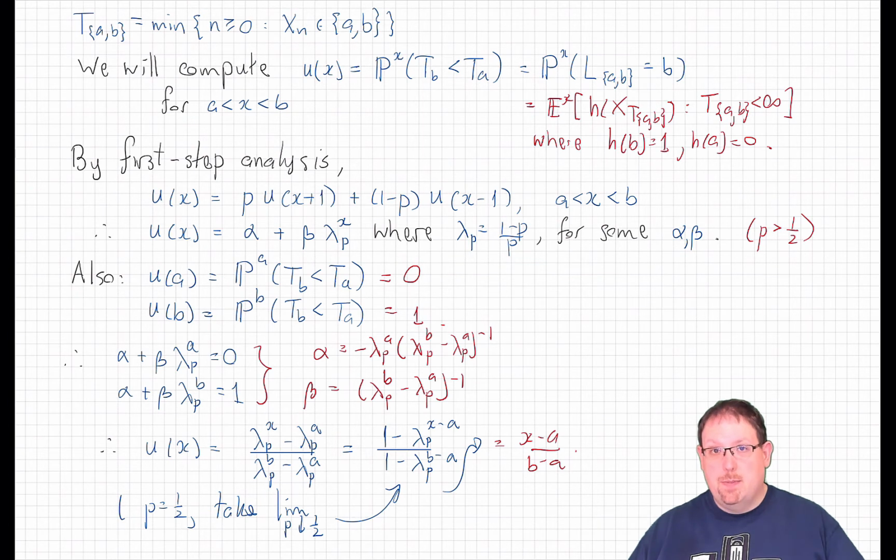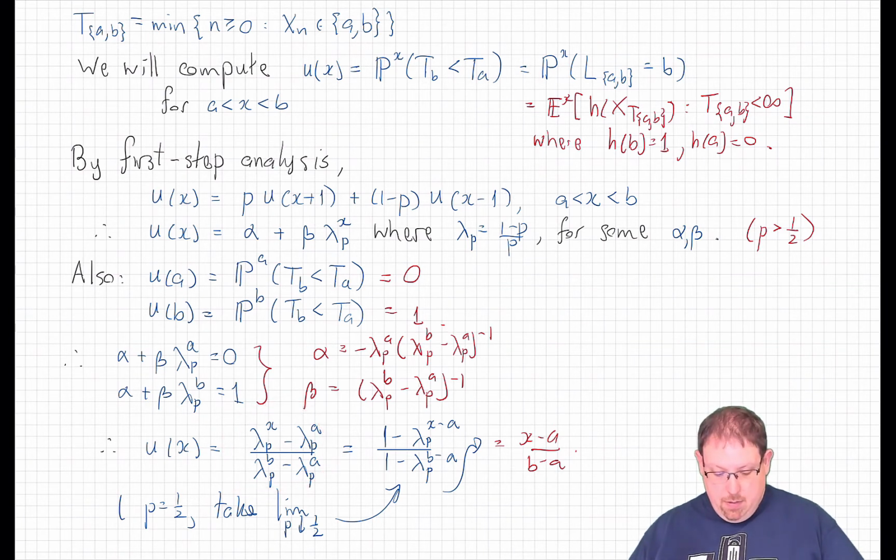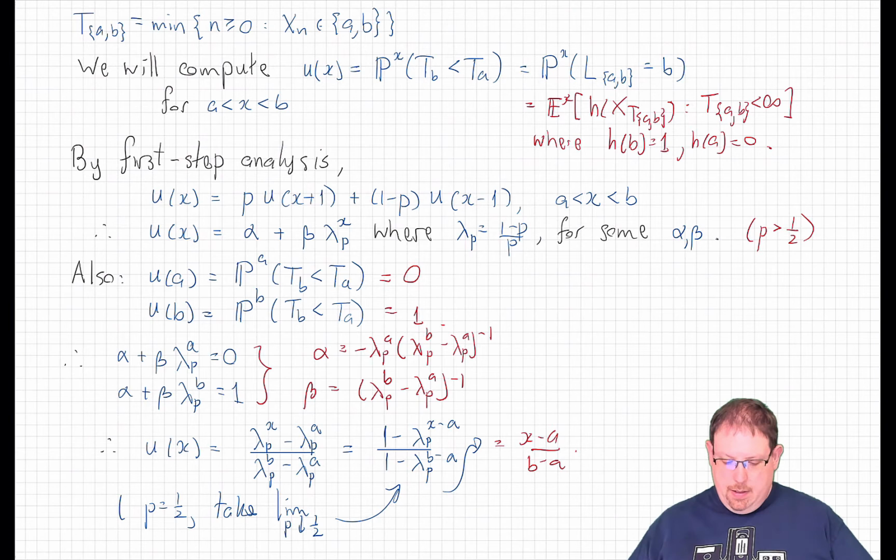That's what we would expect in a symmetric random walk, whereas we get this kind of affine exponential function for the biased random walk. Now we can use this formula in order to understand the individual probabilities of T_B and T_A being finite and their expectations as well.